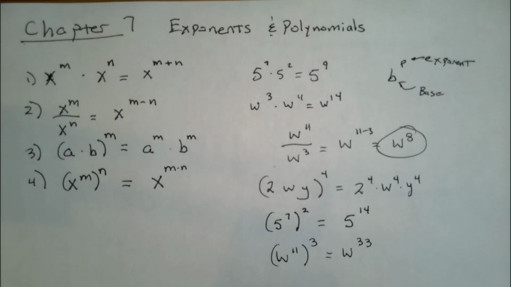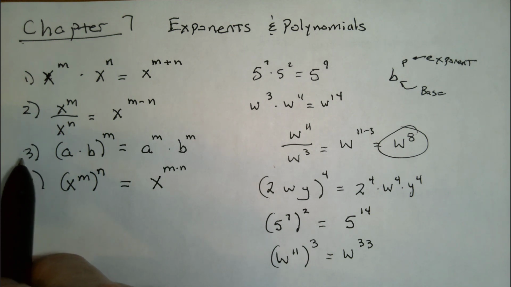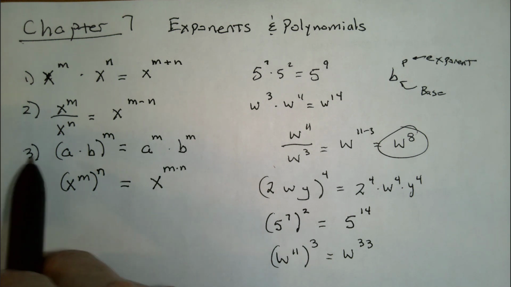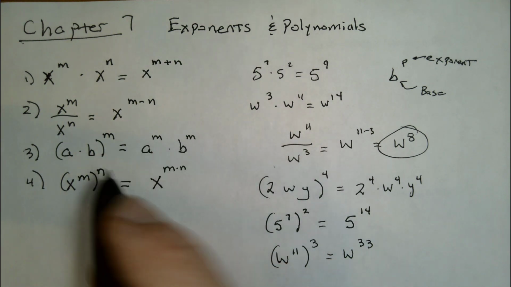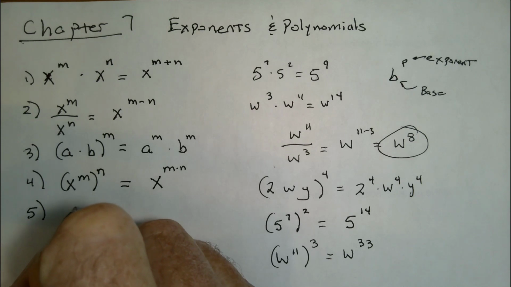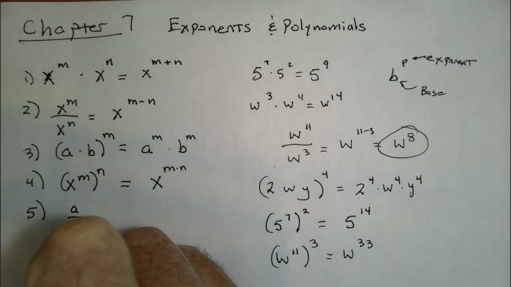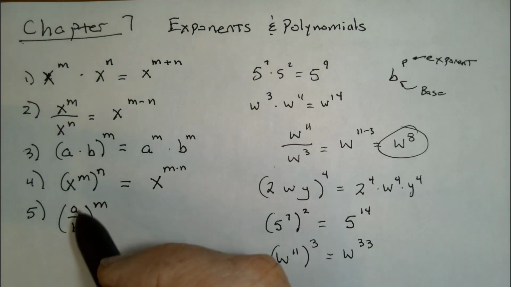Actually, I should have written this next one right after number 3. Number 3, multiplying your bases with one power applies to both. So this number 5 law is a division law, very close to number 3. They're like cousins. Here I have a division inside.